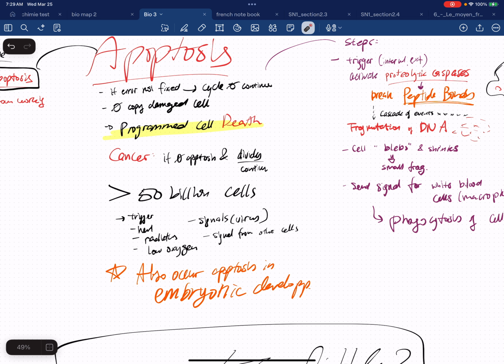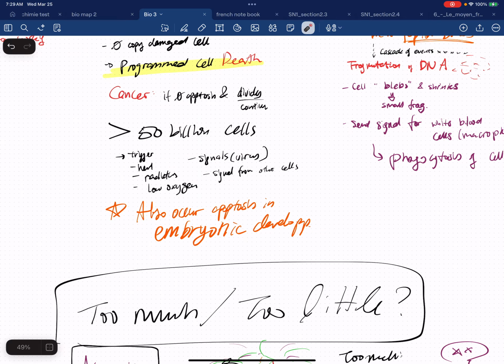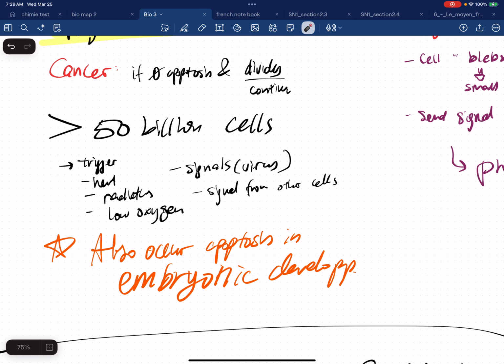So apoptosis happens to over 50 billion cells in the body, which is a number I think we should know. So more than 50 billion cells of the body are dying. They could be triggered.